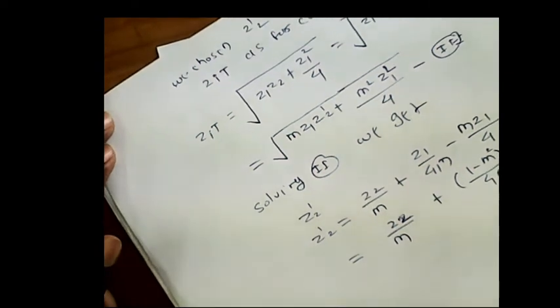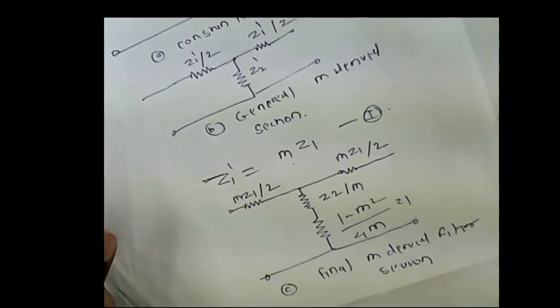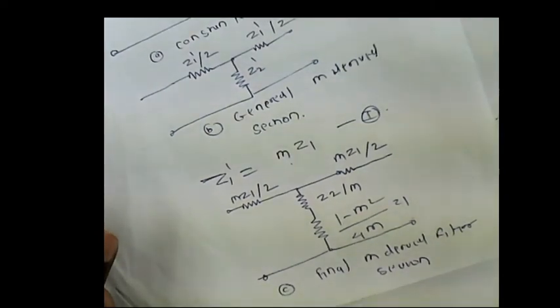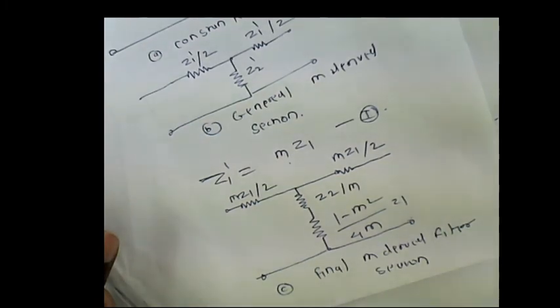Because impedances Z1 and Z2 are reactive elements, Z2 dash represents two elements in series, indicated in figure C. This is figure C. So Z2 dash is a combination of two elements. Note that m reduces to the original constant K section.